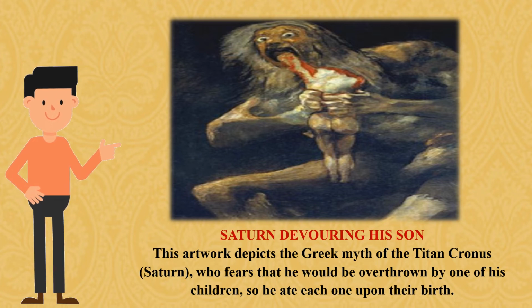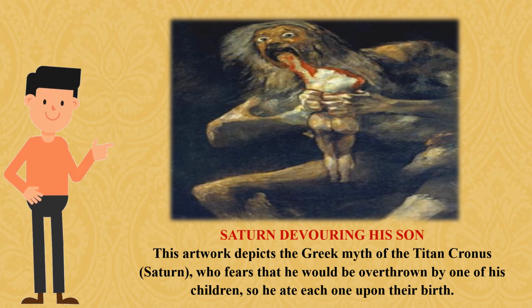So this one is entitled Saturn, or Saturn Devouring His Son. If you are familiar with Attack on Titan, we all know that Titans are fond of eating the flesh of their offspring.